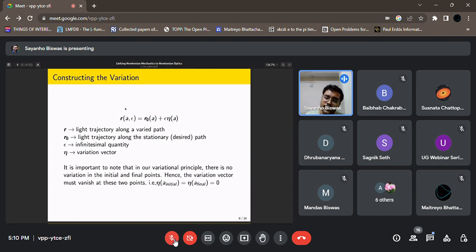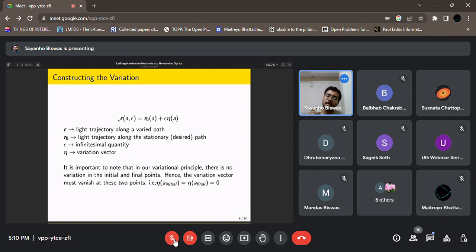That means r is an infinitesimally varied path, but this integral of k dr, that means the infinitesimal change in the path length, is what I want to be 0. That means infinitesimal change in the phase, in the delta phi, is also what I want to be 0.